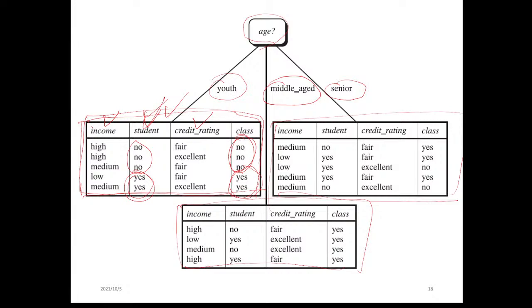Of course, you can compute the information gain based on income, student, or credit rating, and it turns out that student should give you the largest information gain, which means the next question should be student. Yes or no, right? So student, not student. And you will have 2 yeses here, and you will have 3 no's here.